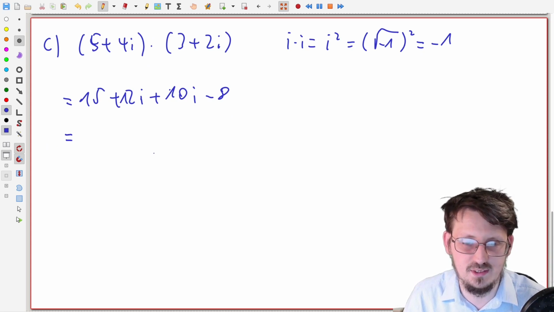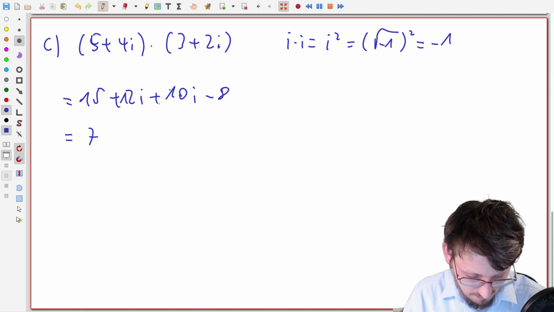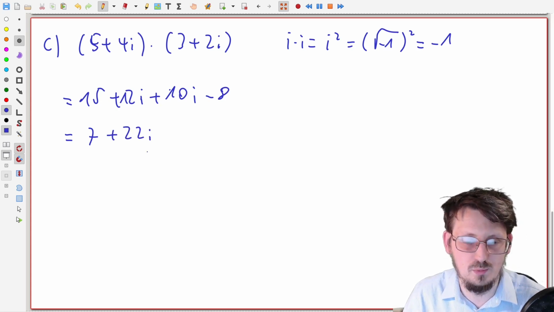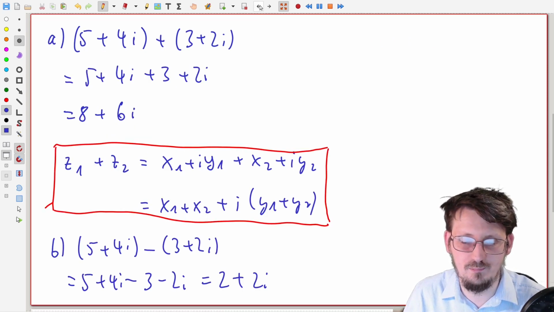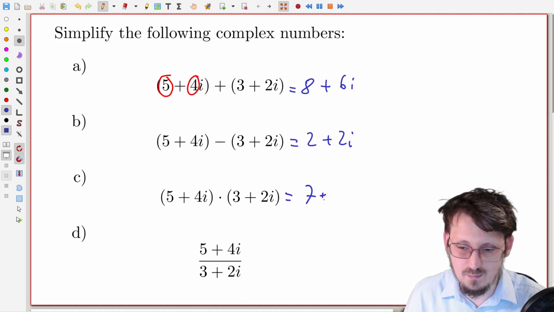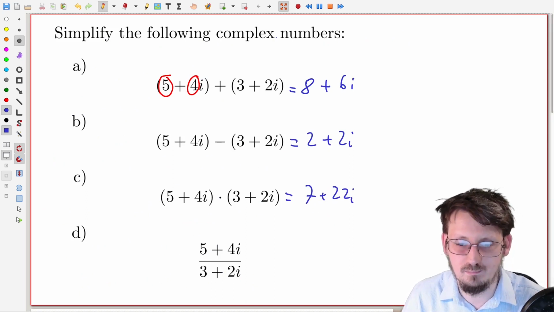The rest is just simply straightforward. So now we can calculate 15 minus 8, which is simply 7. And we can calculate 12i plus 10i, which is 22i. Okay, and this is already the result. So we can write down here 7 plus 22i.